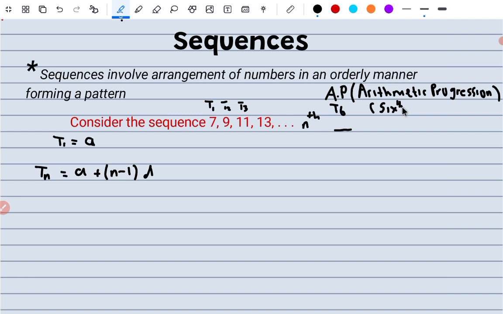So we are finding term number 6. The first term was T1, which is 7, plus, and the number of the term you're finding, the sixth term, is what you replace for N here.